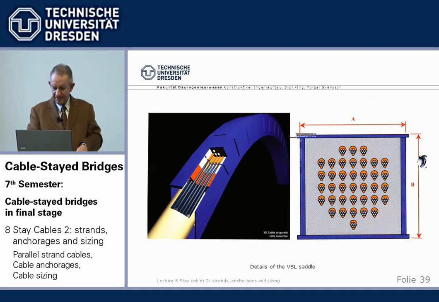And there's one, again from VSL, a new development for a saddle. The strands run through, and they have a special cement mortar with which they fill this part here. The PE pipe is taken off, so the cement grout, I call it, can touch directly the wires.